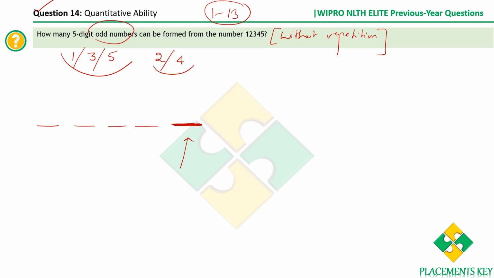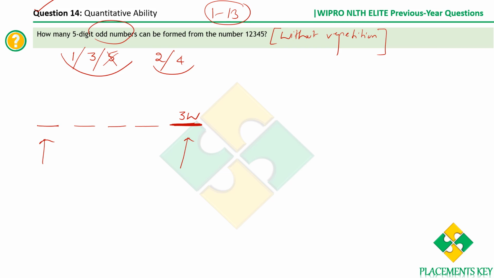So this blank can be filled in how many ways? It can be filled in 3 ways. Either 1 or 3 or 5 can come. Out of 1, 3 and 5, let's say 5 is filled here. Now the first blank can be filled in how many ways?